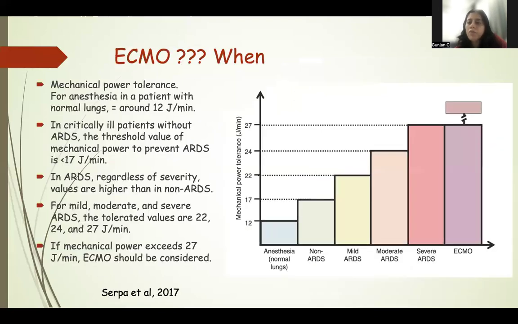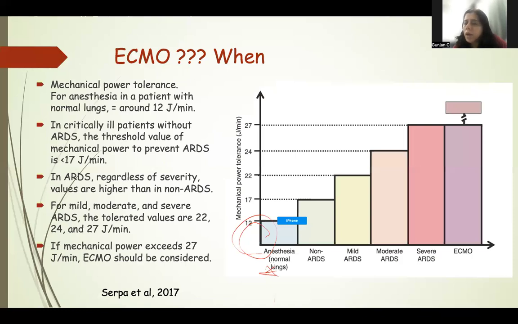Then, we already found out that 17 was a number which was bad for mechanical power. But does it really help us take further decisions? Yes. So mechanical power tolerance was seen by Sarpa et al. And it looked at the mechanical power in various patients, even in non-ARDS lungs. It showed that in normal lungs, the mechanical power is approximately 12, less than 12.